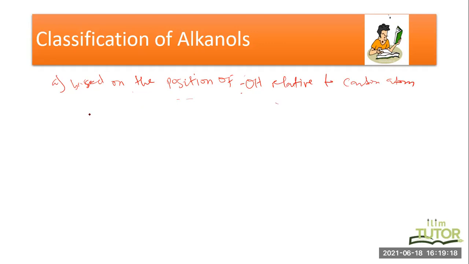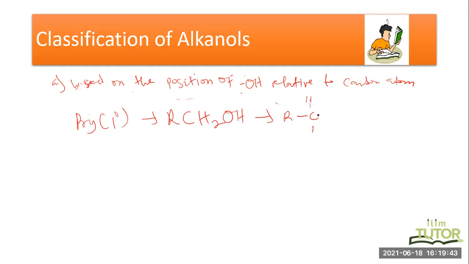If the OH is attached, we first have number 1, which is called a primary alkanol, or 1-degree alkanol. In this case, the OH is attached to a carbon that has 2 hydrogens. So we have an R, a C, H, H, and then OH.